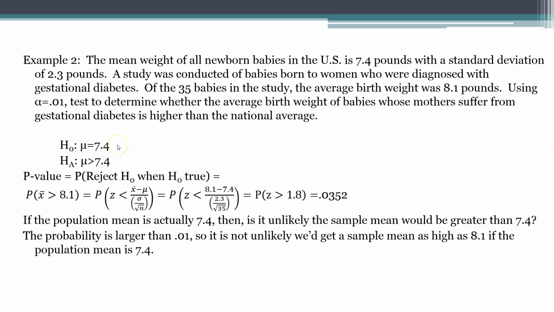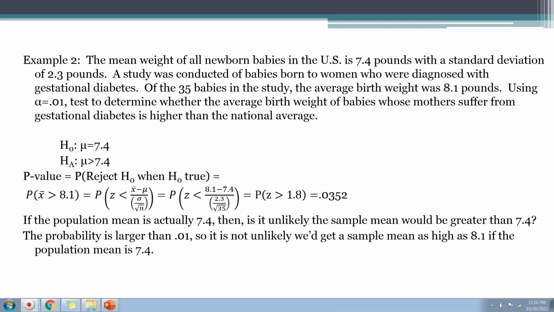We assume that H0 is true, and then we show that the data we got would be unlikely to come from H0 being true. Unlikely is always defined as a small probability, less than our level of significance. Okay, so that's the first thing I wanted to come back and explain.